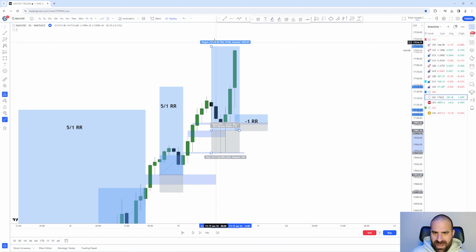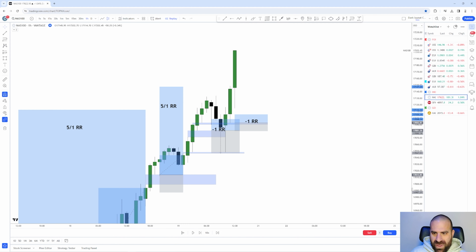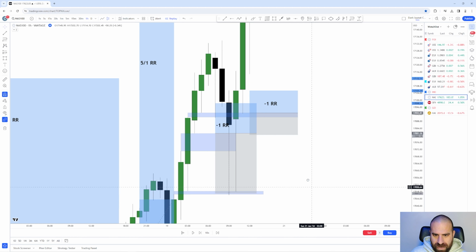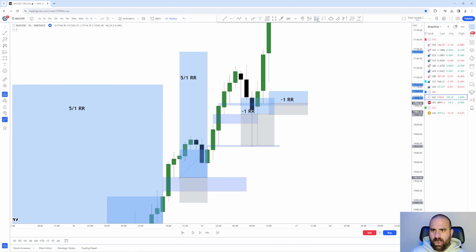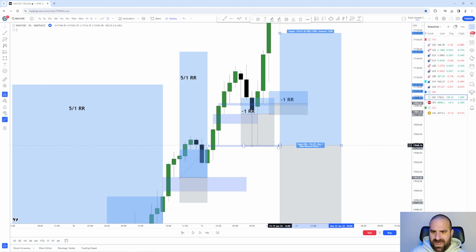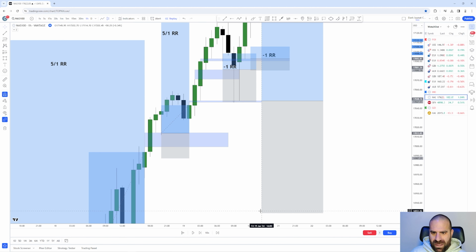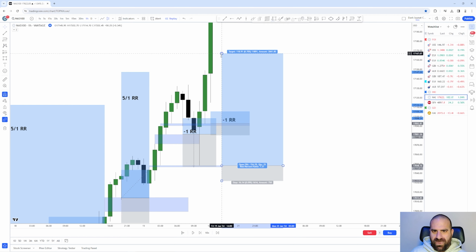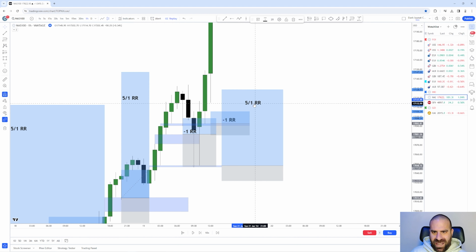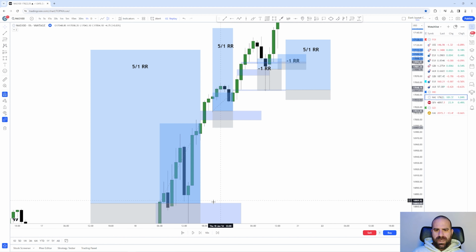Okay, so this is another -1 RR, and then you would be entering from this fair value gap all the way down here because you just believe in the trend and you would be still in this one. This is a very aggressive approach. Stop loss right below the candlestick that created, as we said, the FVG, and you're going for another 5-to-1 reward to risk. So tell me, until here, I have taken every single trade without discretion just to show you how powerful this thing is.